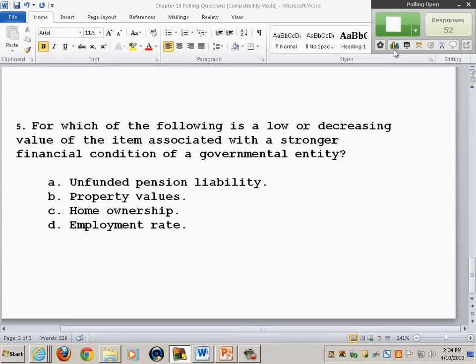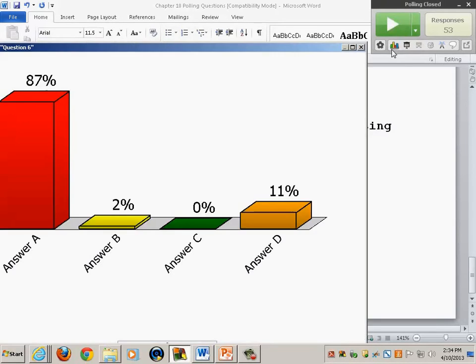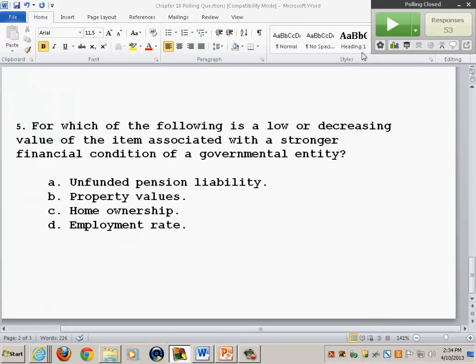Okay, one more. Well, it is unfunded pension liabilities, and you want that as low a number as possible.